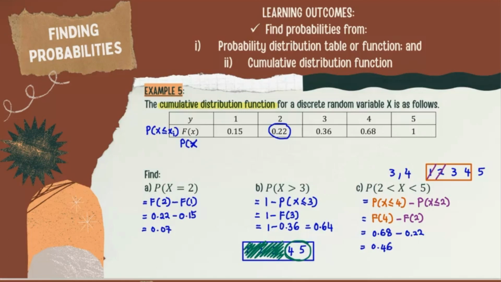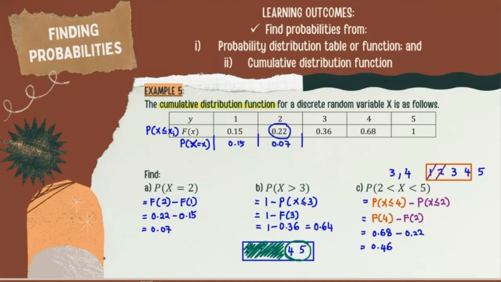This is its probability. The first one is 0.15. So for this one, what is its probability? 0.22 minus 0.15, so we get 0.07.